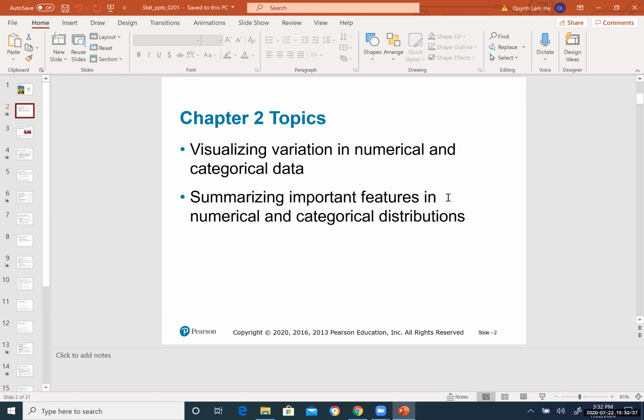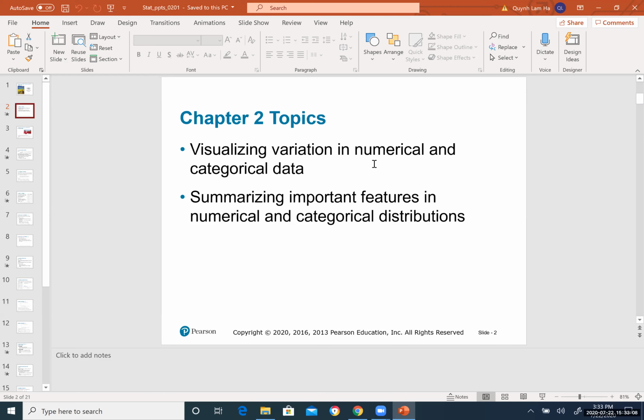There will be a lot of data combined to make a beautiful graph. Here you see visualizing variation. So you will look at different types of graphs in order to learn about, like I told you, the standard deviation, S, small s, or sigma.